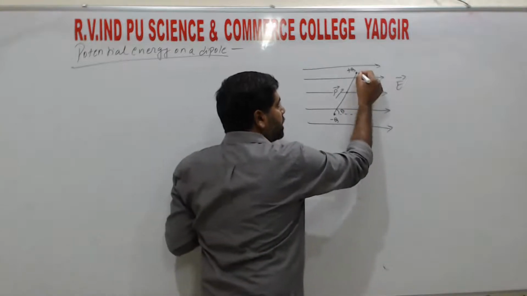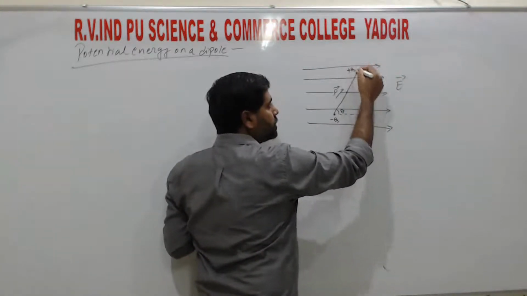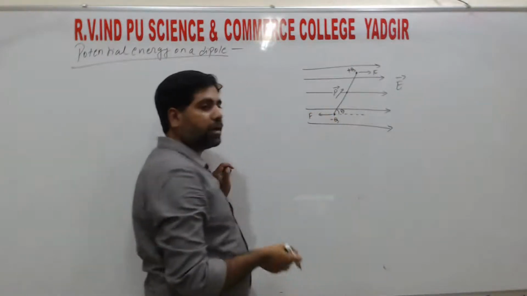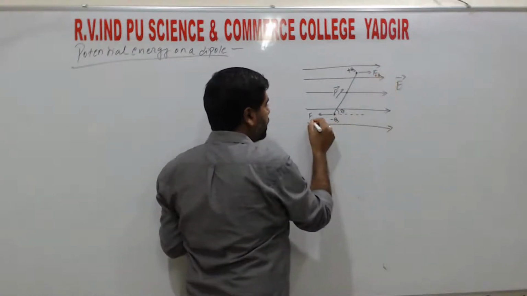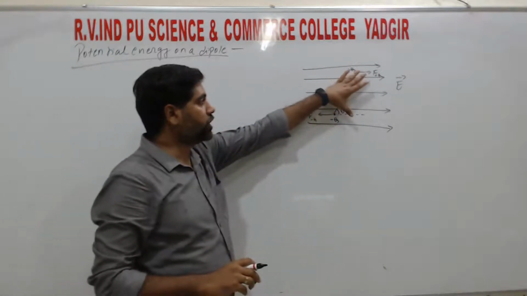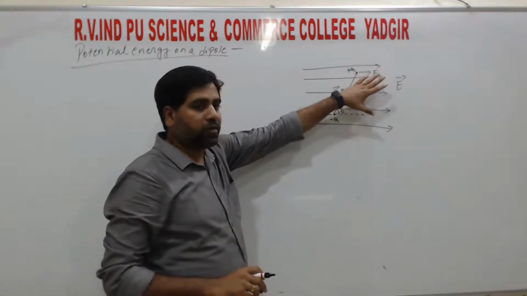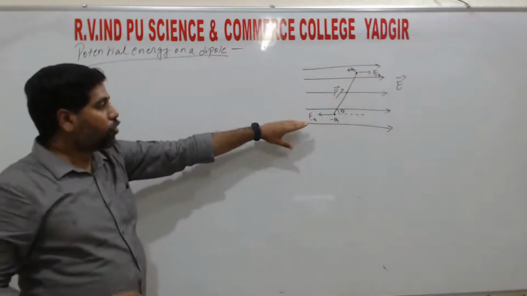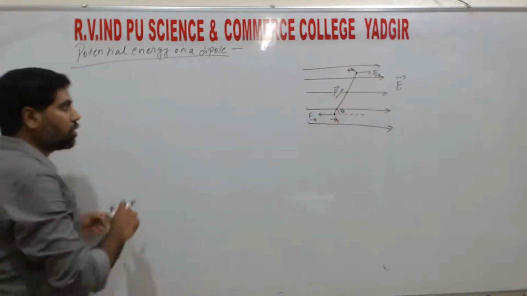So here, the force acting due to the electric field on the plus Q charge, and the force acting on the minus Q charge, calling these F plus Q and F minus Q. The net force on the dipole is zero because equal and opposite forces are acting. As the forces act at two different points, there will be a torque, right?